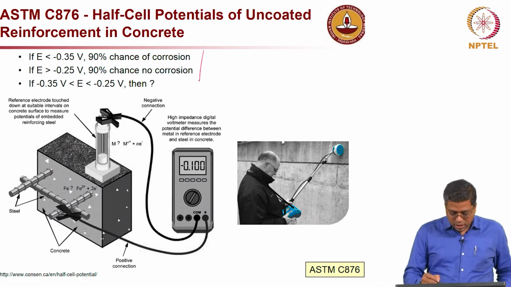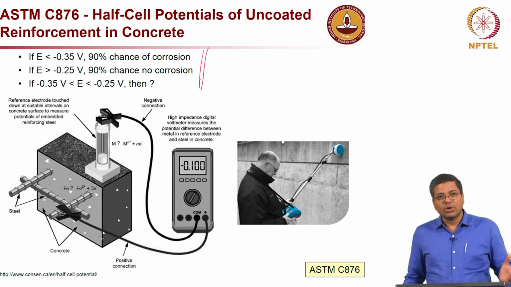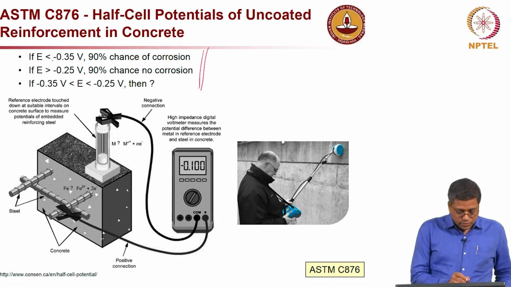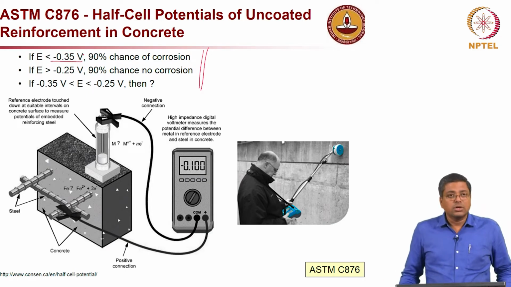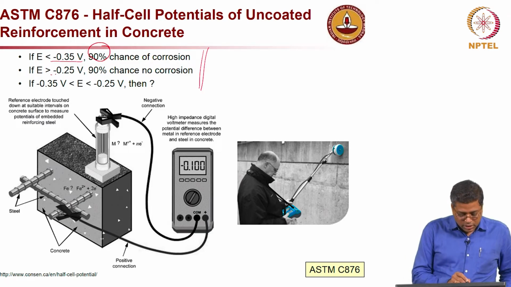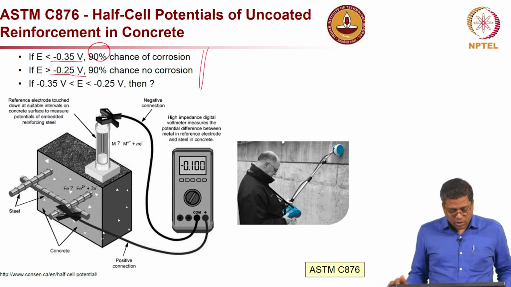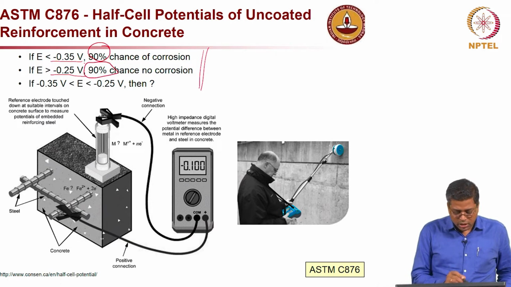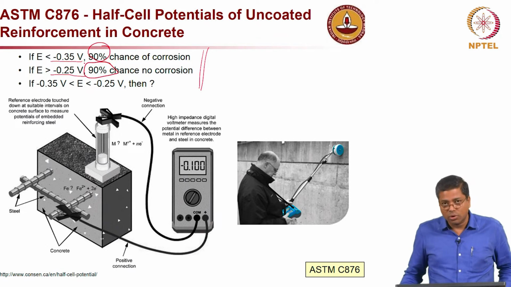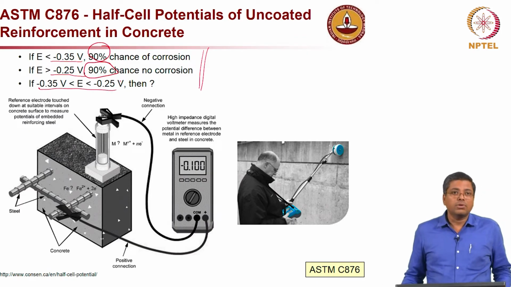This is the ASTM standard, but it says that if the potential is less than minus 350 millivolt, or 0.35 volt, then the probability of corrosion is about 90%. If the potential is more than minus 250 millivolt, then there is a 90% chance of no corrosion, or 10% chance of corrosion.